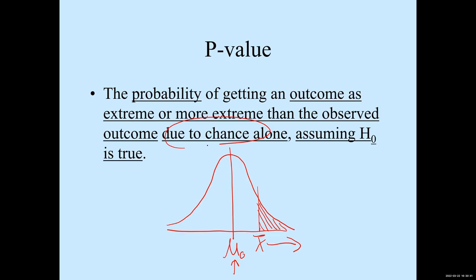The idea that it's a probability, so this area under the curve is our p-value if we're doing a one-tailed test. It's the probability of getting an outcome as extreme or more extreme than the observed outcome due to chance alone, assuming the null hypothesis is true. And we're always going to put the null hypothesis in the middle of our normal distribution.